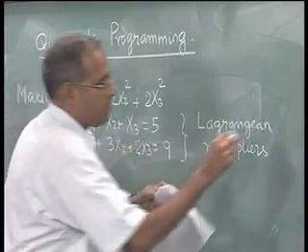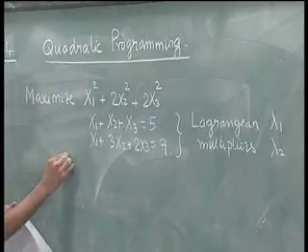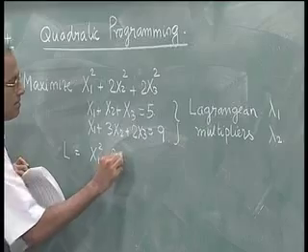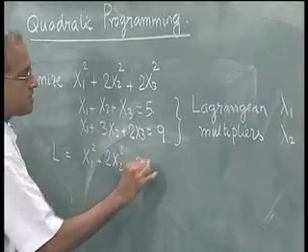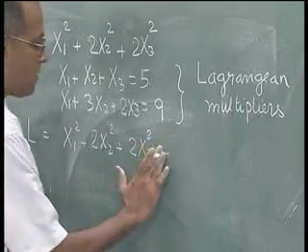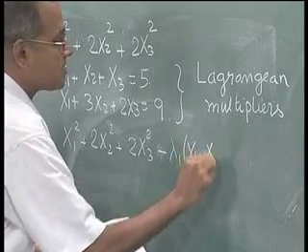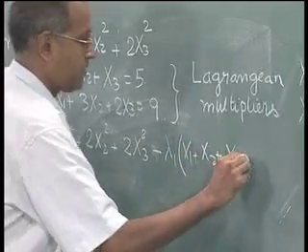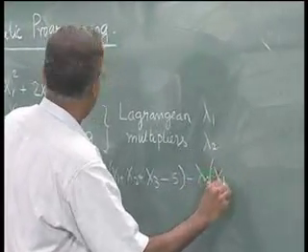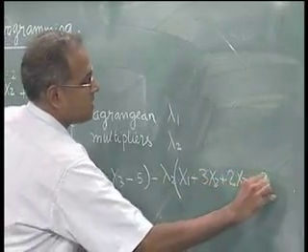In this case we would introduce Lagrangian multipliers lambda 1 and lambda 2. So, the Lagrangian function L will be x1 square plus 2x2 square plus 2x3 square minus lambda 1 into (x1 plus x2 plus x3 minus 5) minus lambda 2 into (x1 plus 3x2 plus 2x3 minus 9).